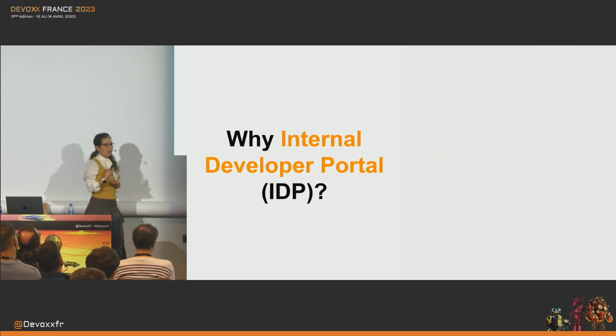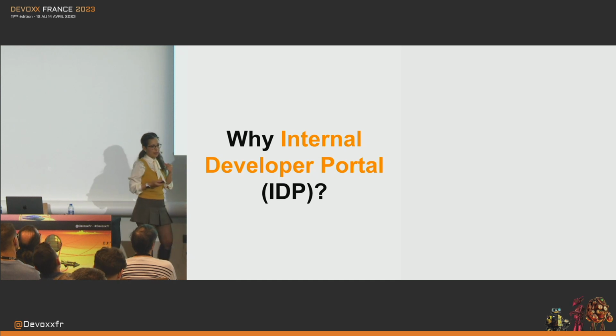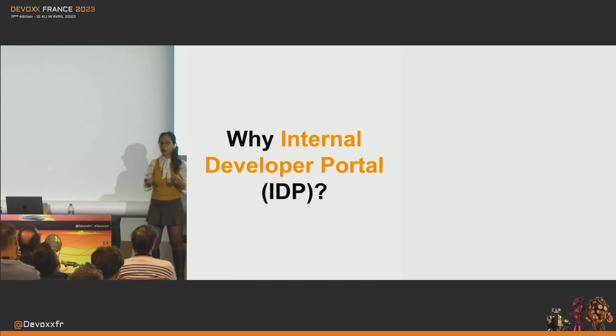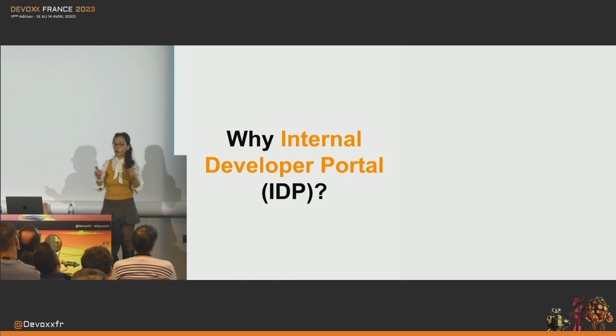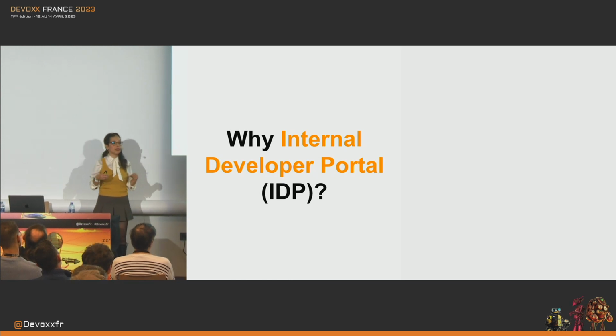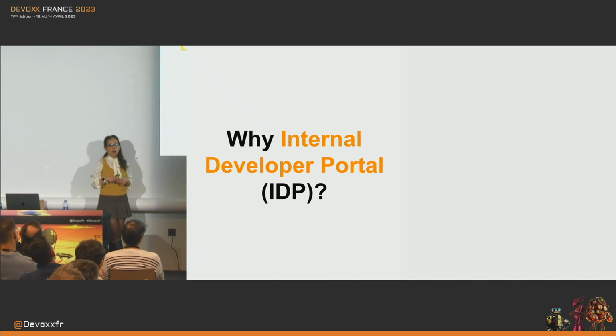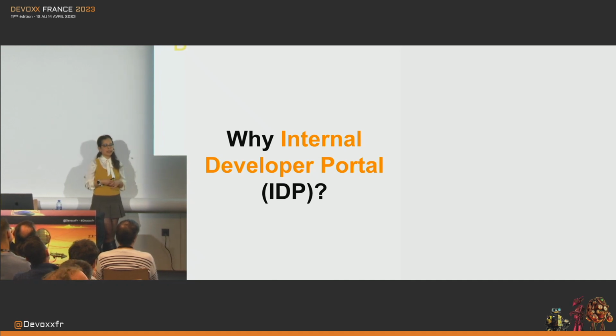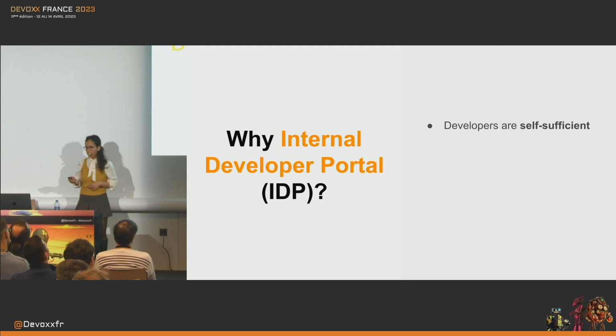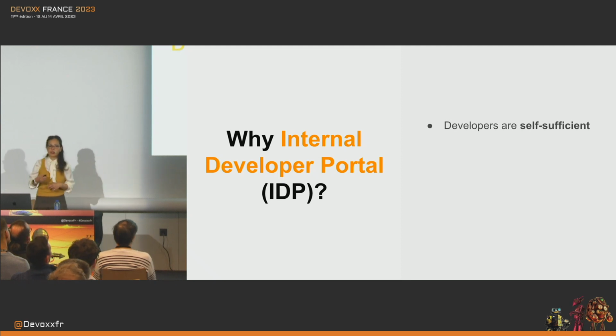What are the benefits of exposing all our existing technologies, tools, and documentation through an IDP? Well, it brings a lot of benefits to the table. One of these benefits is making the developer self-service and self-sufficient.